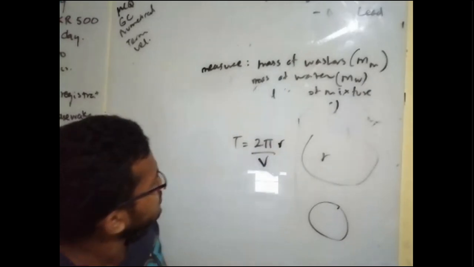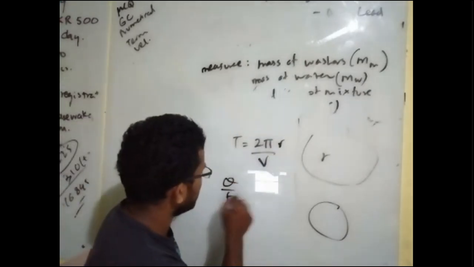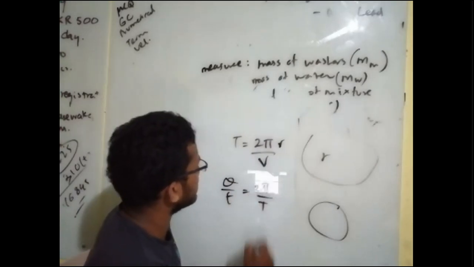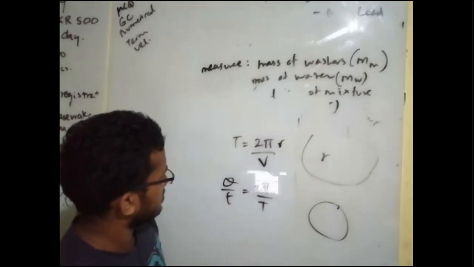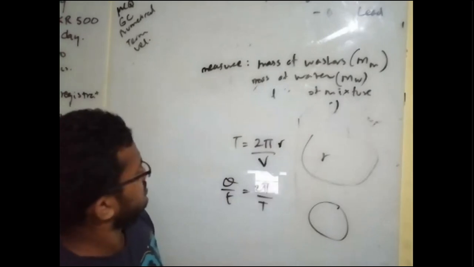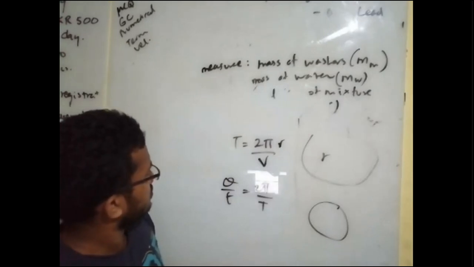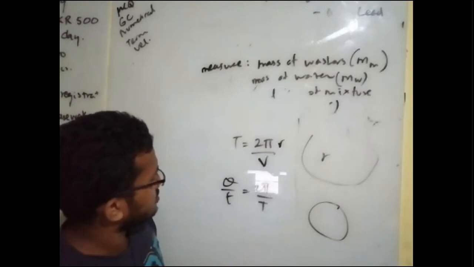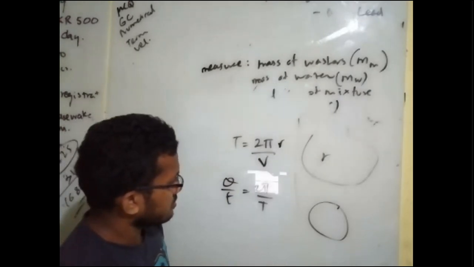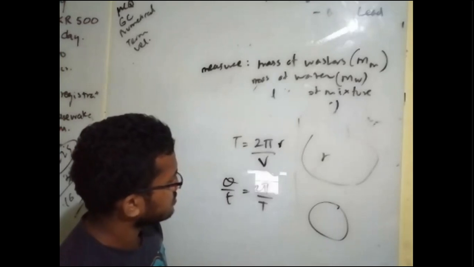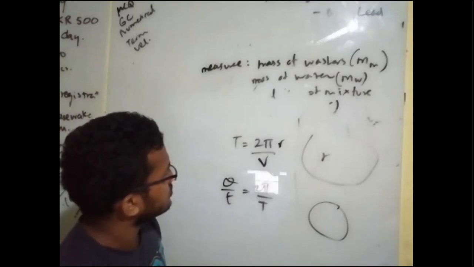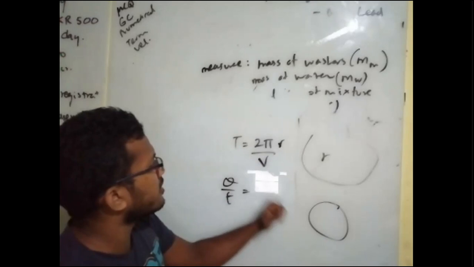How about angle? Because I know theta over t is equal to 2 pi over capital T. But you have a point there. This is the thing, we don't have to overcomplicate it.